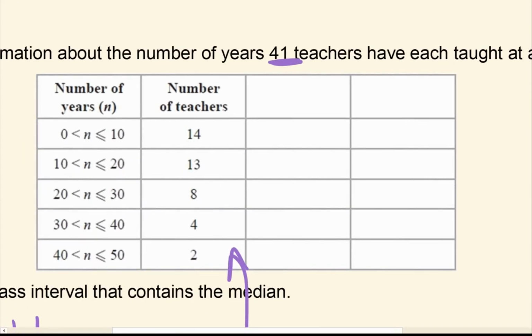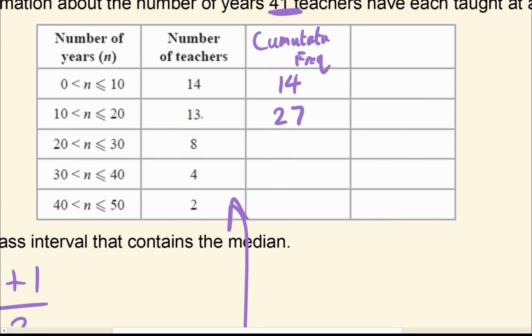So we can add something which is called the cumulative frequency. This is basically a running total. So here you've got 14, then it's 14 plus 13, then it's 14 plus 13 plus 8, then 14 plus 13 plus 8 plus 4, and so on until all these are added together.